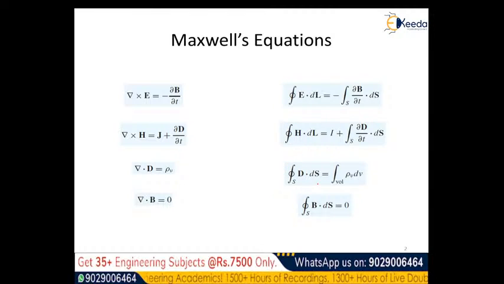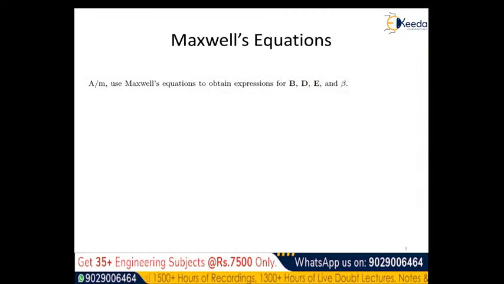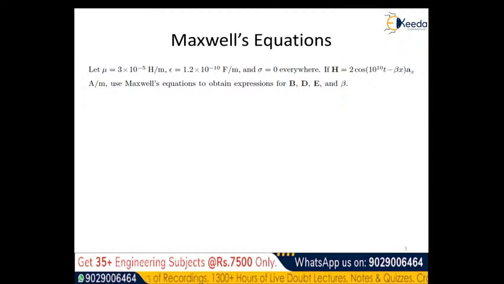So let us have the first problem statement. We start with: let mu be equal to 3 into 10 raised to the power minus 5 Henry per meter, epsilon equal to 1.2 into 10 raised to the power minus 10 farads per meter, and sigma equal to 0 everywhere.